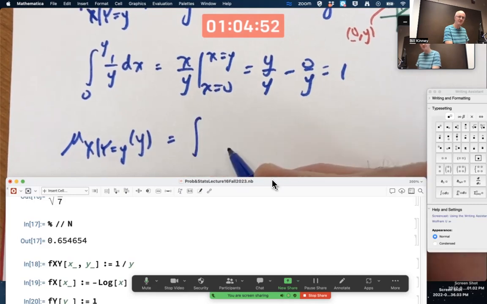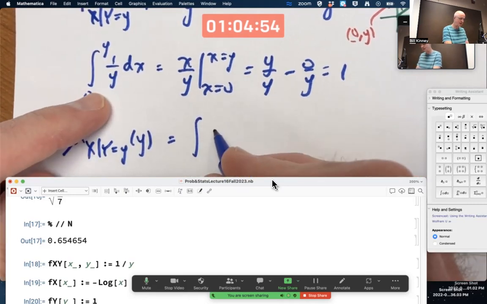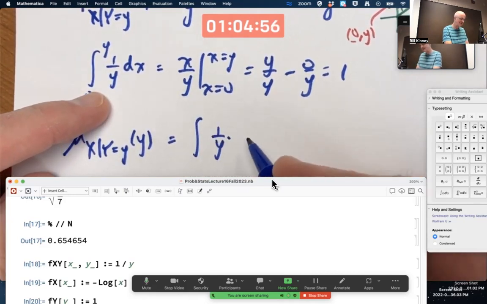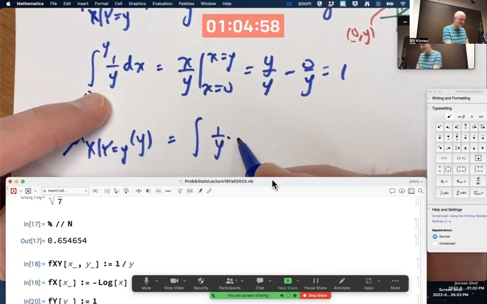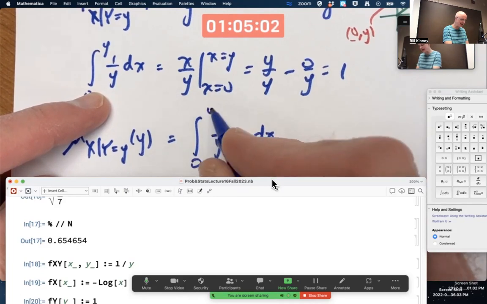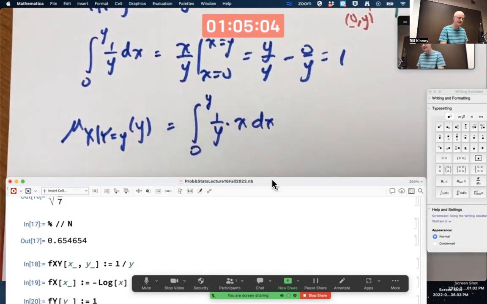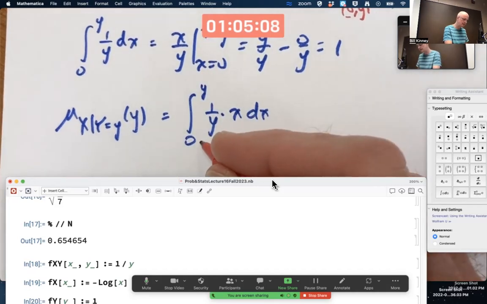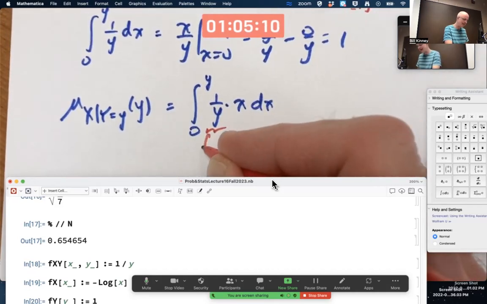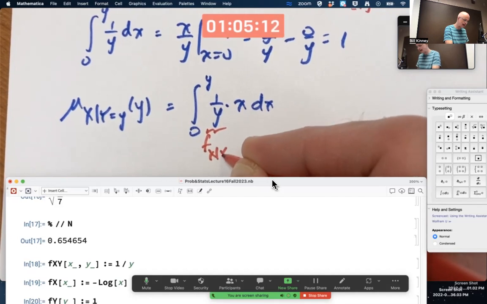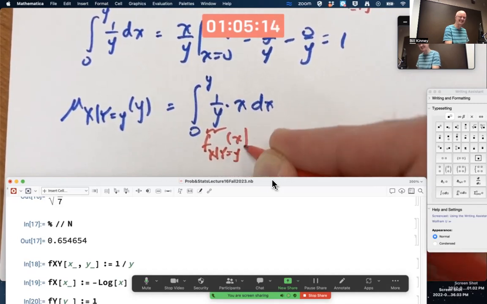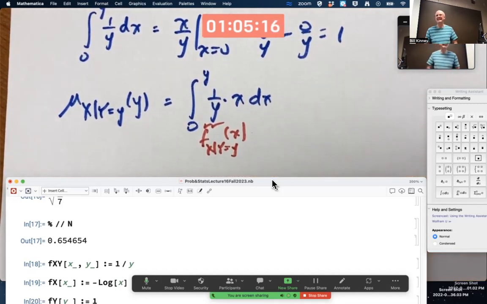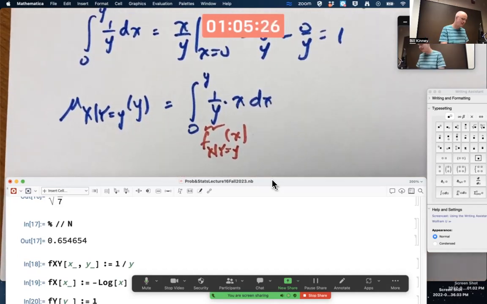Integrate this conditional PDF, 1 over y, times x, not y. Integrate with respect to x from 0 to y. I put the x in the PDF in the opposite order as usual. This is f sub x given y equals y of x. I'm integrating x times the PDF of x, even though it doesn't involve an x.